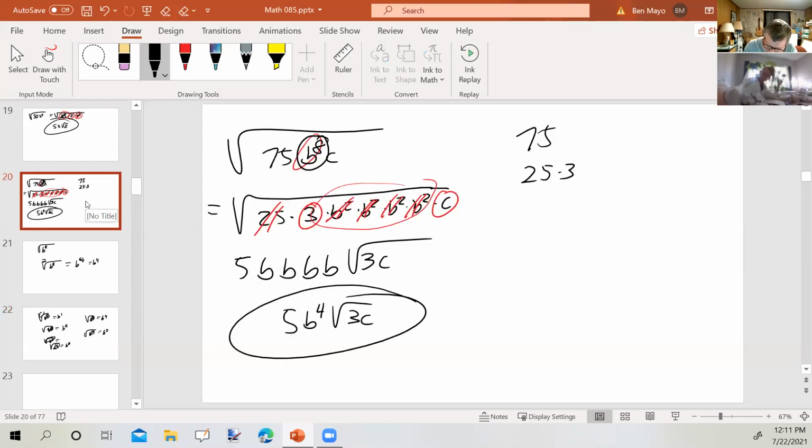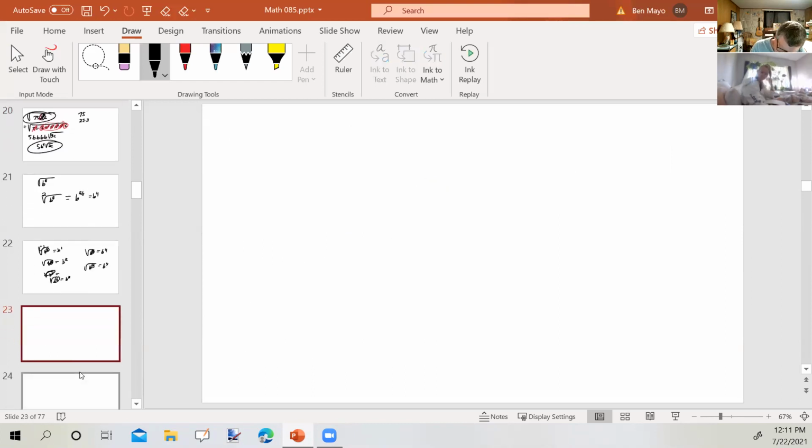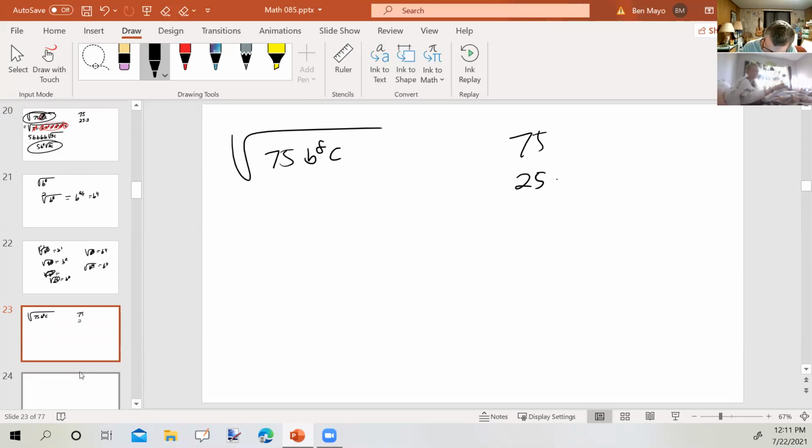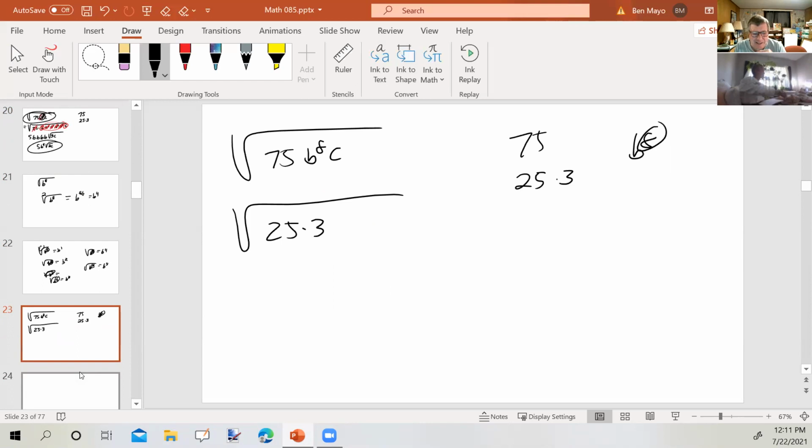So going back to this problem, let's do it a second time, okay? And here's what I'm going to do. 75 is 25 times 3. B to the 8th, 8 is a multiple of the index, so I'm going to just leave it like it is, okay?